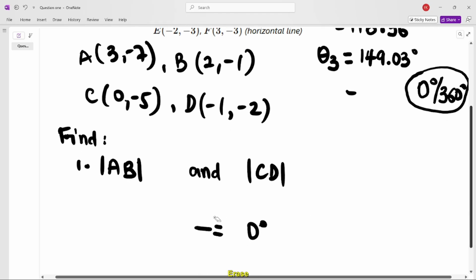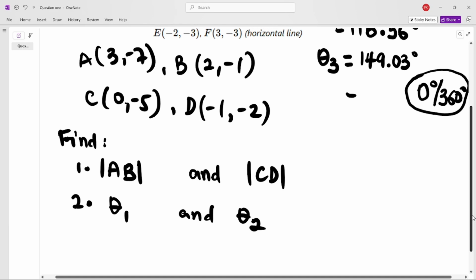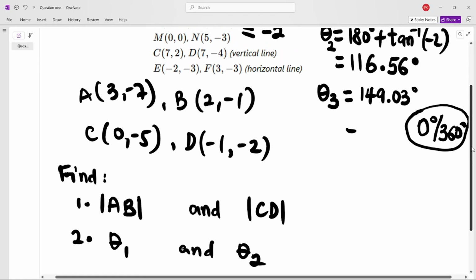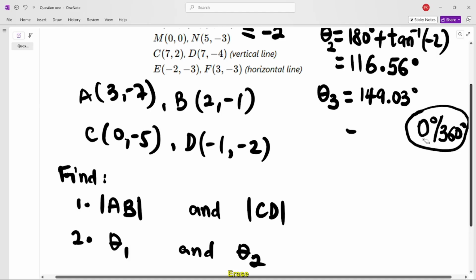And then number two, I will need Kennedy to find me theta, let me call it theta one, and Noble will find me theta two. So whoever is ready should now prompt me. Are we good with the question? Any clarification? So does it mean we are finding the length and the angle? Yes. All right.